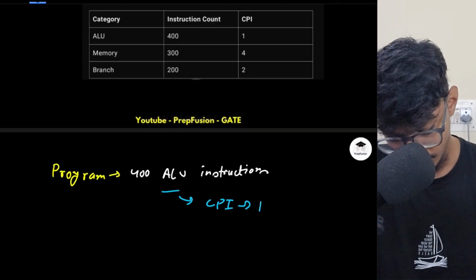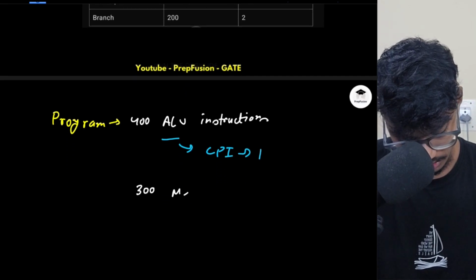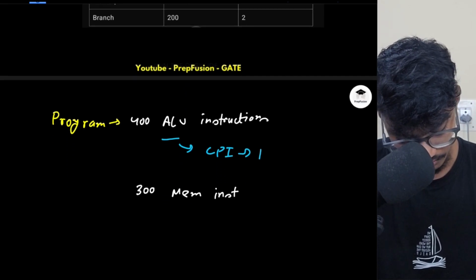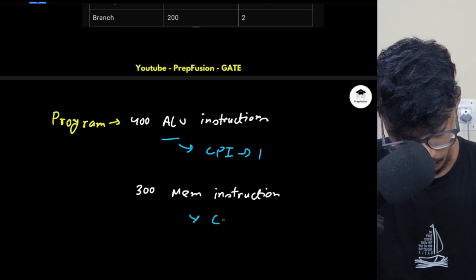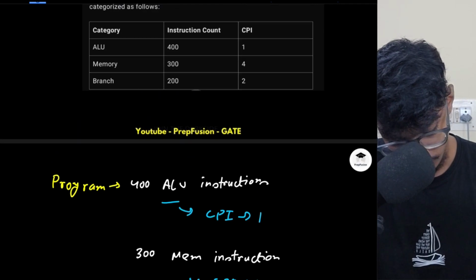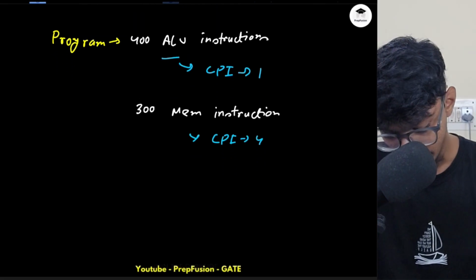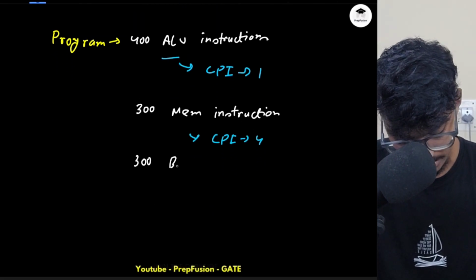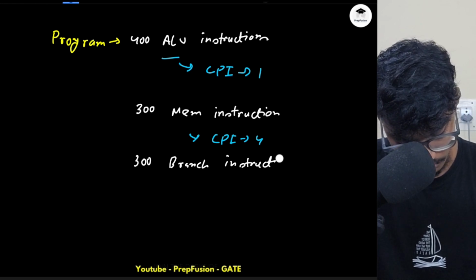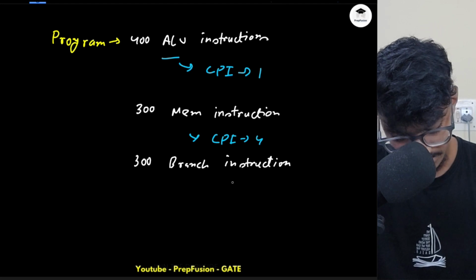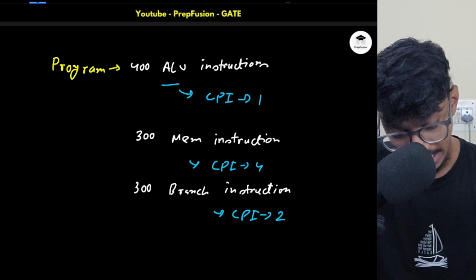And for 300 memory instructions I have, either reading or writing data from the memory, my CPI for that is 4, right? You can observe it is a very costly task. It takes a very high number of cycles for memory read and write. And I have 200 branch type instructions, and its CPI, cycles per instruction, is 2. Branching takes 2. So what will be the average?